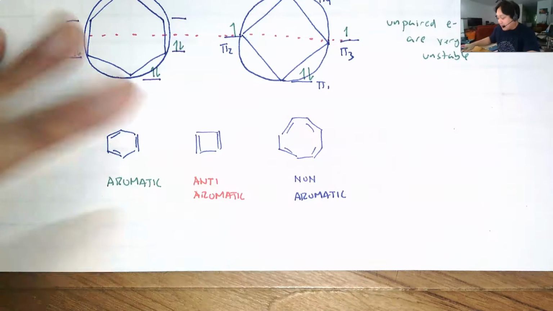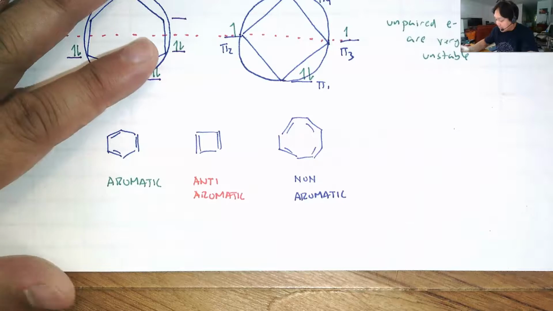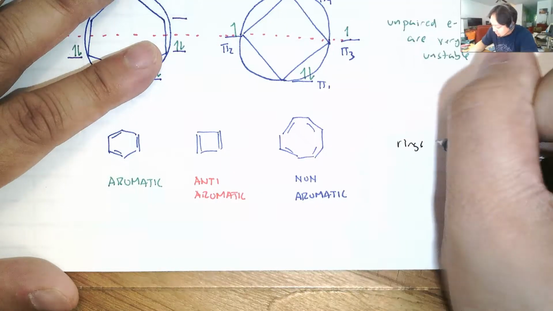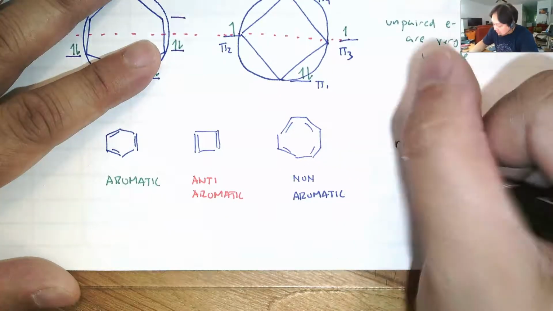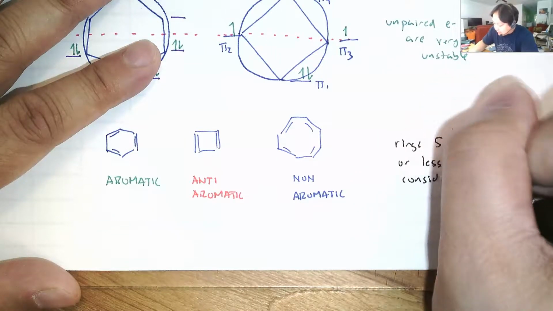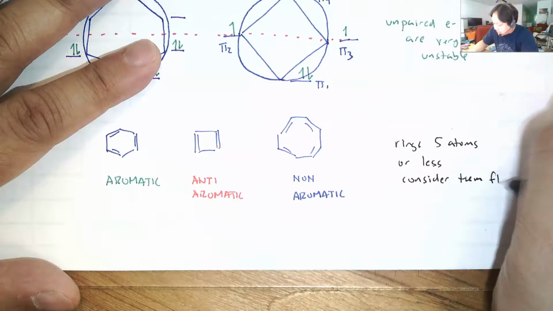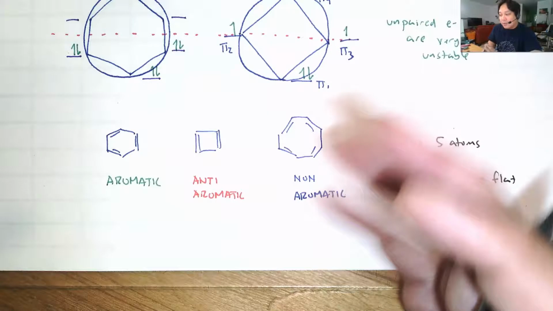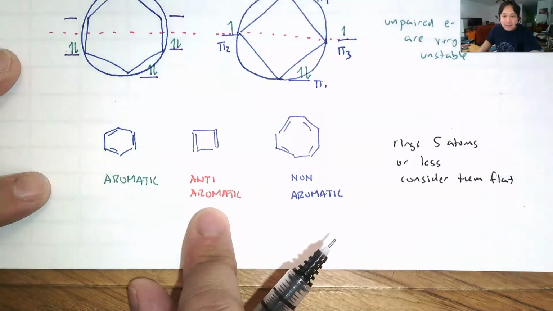So we're going to say, and then I'll leave you to consider these points, that rings with 5 atoms in the ring or less, consider them flat. We have to have a cutoff point. And experiment does say that once you get up to 6 atoms, the molecule will have enough flexibility to try to avoid being anti-aromatic.